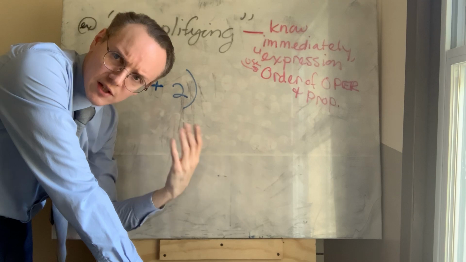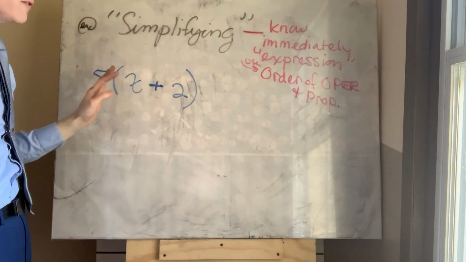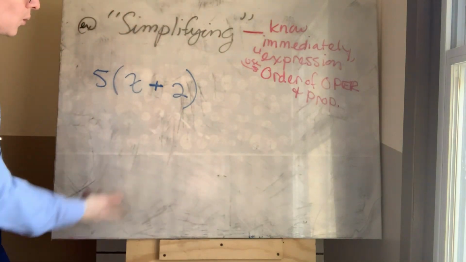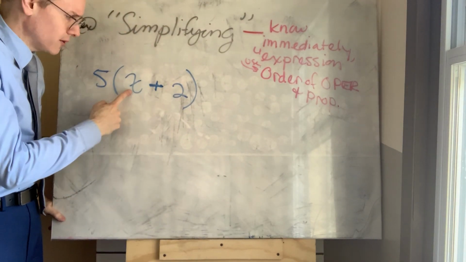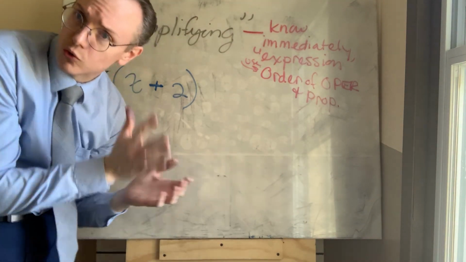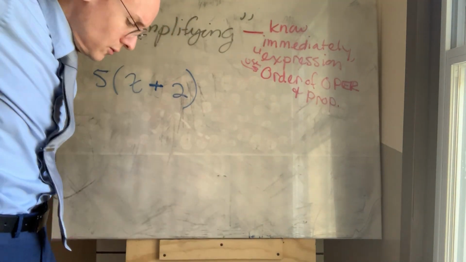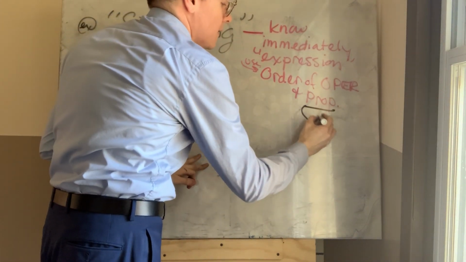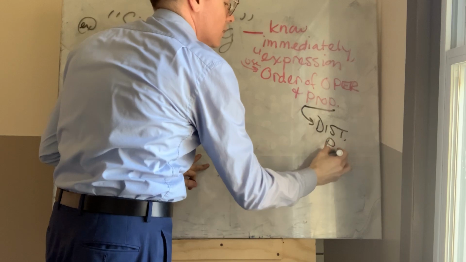When it comes to algebra, you have a little bit more restriction. Your hands are tied, because when you have a letter, a variable added to a number, you don't know what it is, so you can't actually add. So in an example like that, you would definitely want to employ the distributive property.